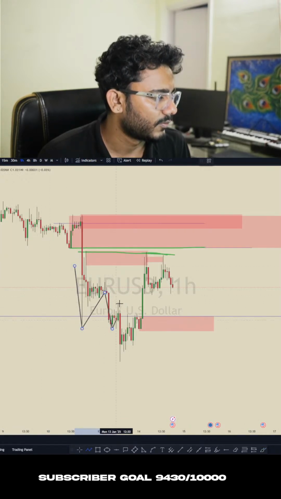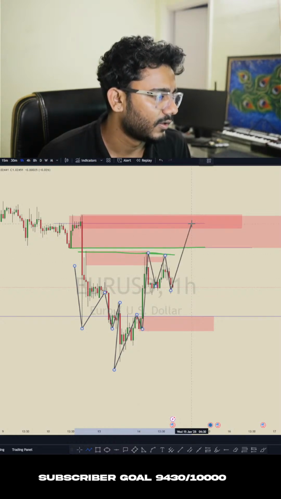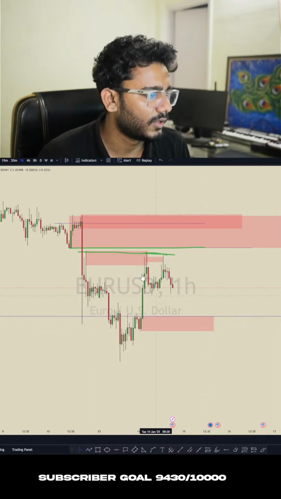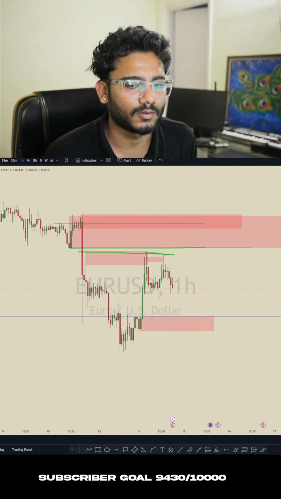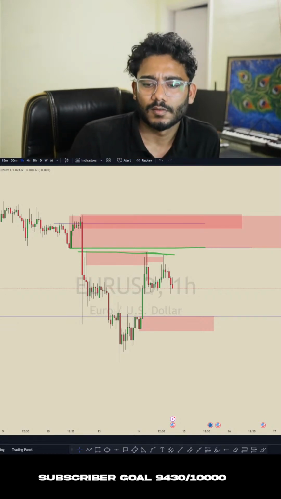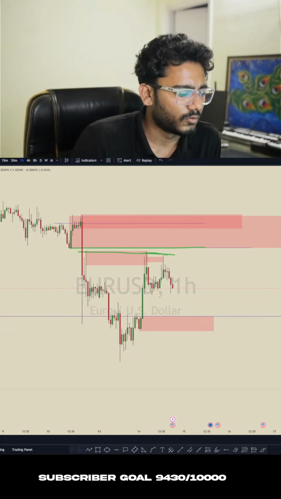We have this low, this liquidity sweep, price created this order block, and price is now creating liquidity, so it can either react from this area or this area. So for both areas, I'm waiting for price to give us some confirmation so we can enter. Same on the gold also, it's the same.